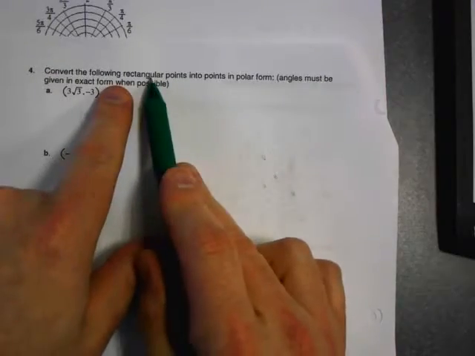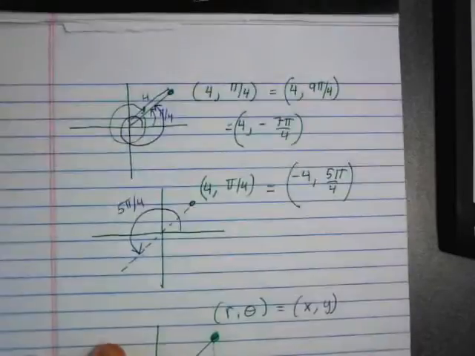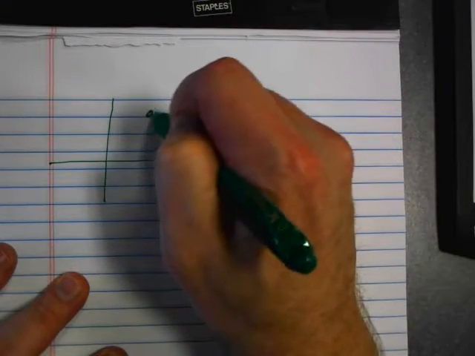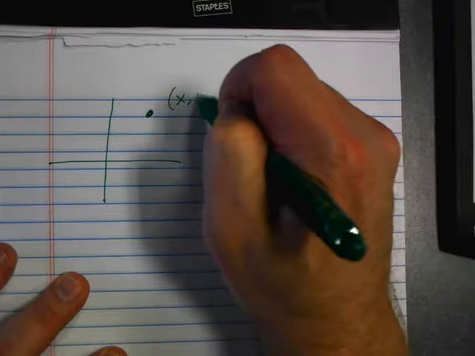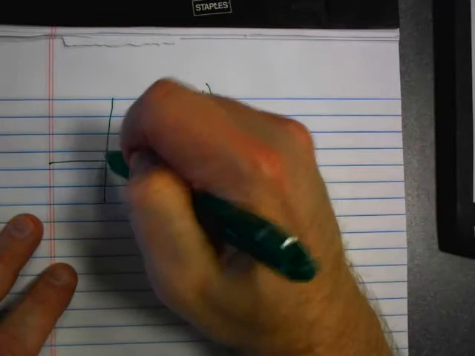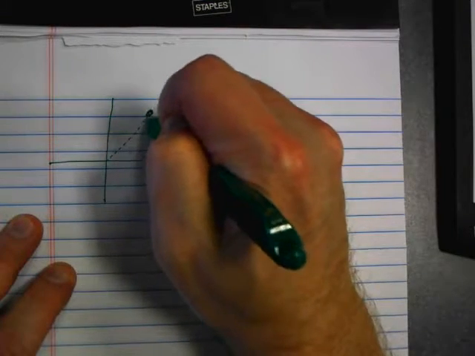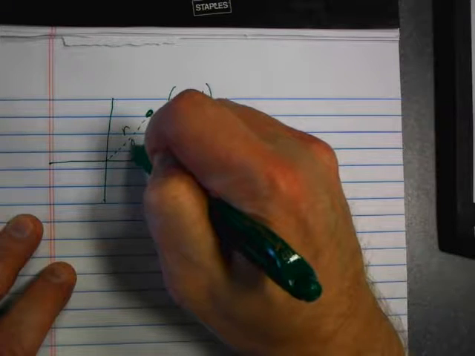All right, now we're going to go the other way. Now we're going to convert rectangular into polar. So I got to draw some more pictures here. This time, let's say I give you a point, and I tell you this is x comma y. If I give you x and y, how are you going to find r and theta?